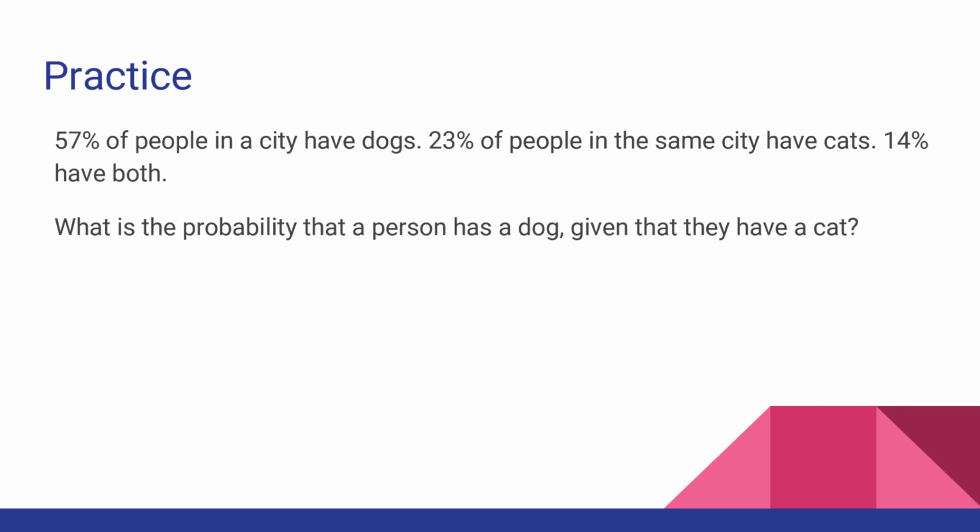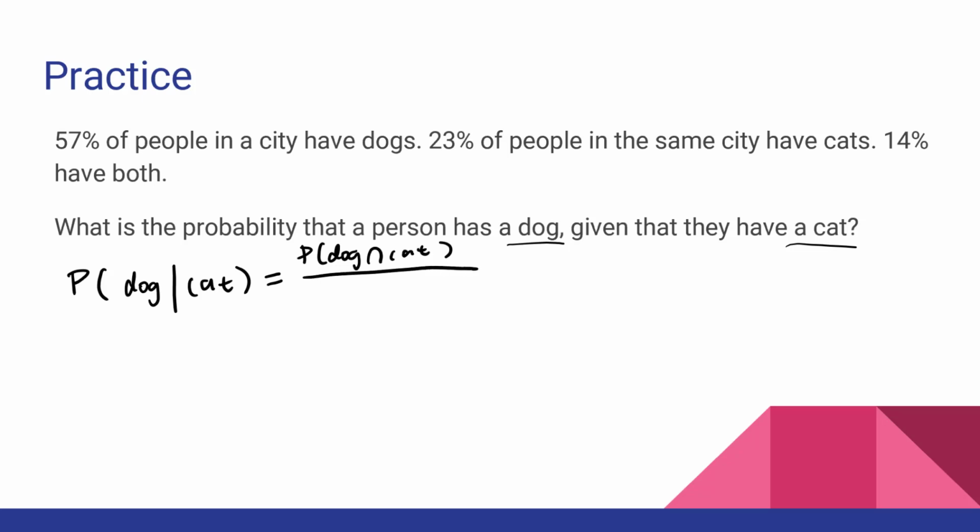Putting this into practice, we have the same scenario again, but a different question. What is the probability that a person has a dog given that they have a cat? First we write that into our probability notation: the probability that a person has a dog given that they have a cat. So our formula for this one is the probability of dog and cat, so A and B, over our second term, the probability that they have a cat.